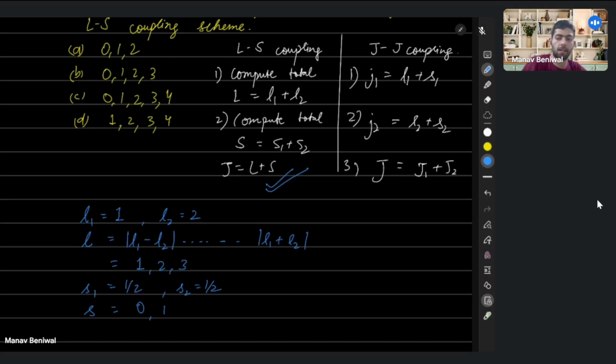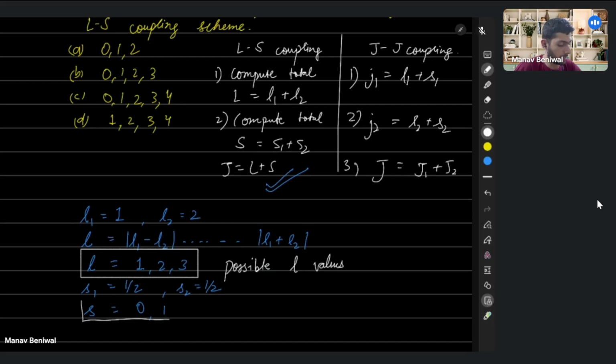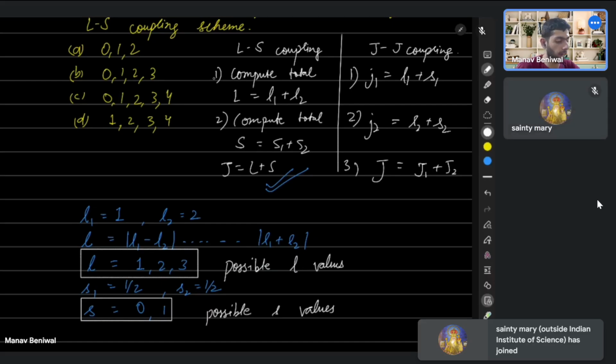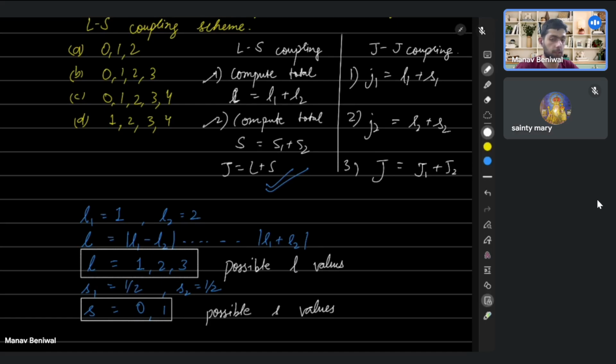So these are the possible L values, and these are the possible S values. So we have completed step 1 and step 2. We have computed the total L and the total S.